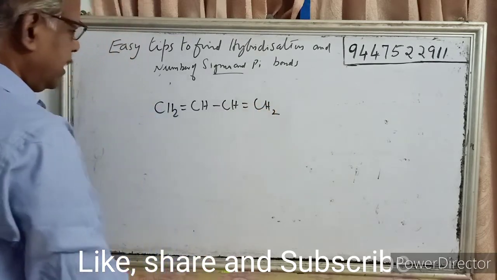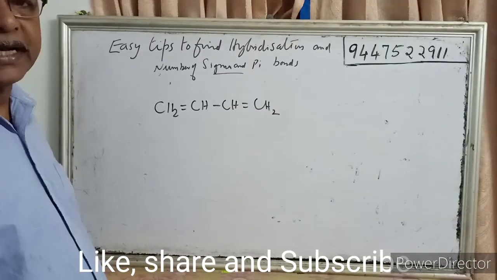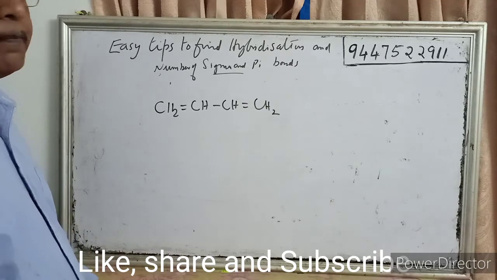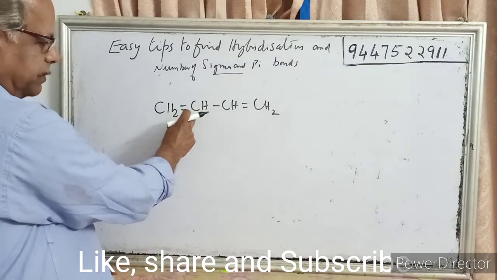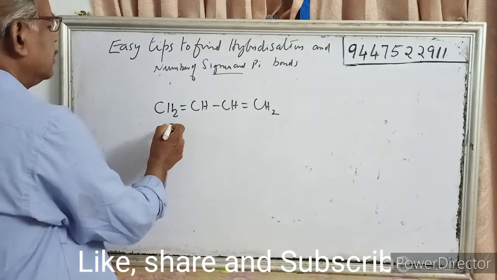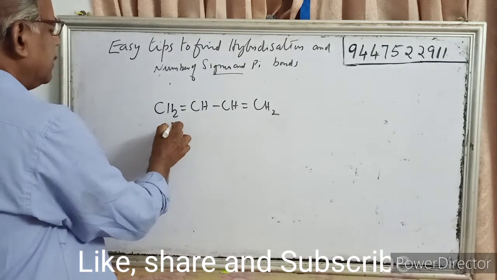You have to specify the hybridization and the number of sigma and pi bonds. Here there are 2 hydrogen atoms and 1 bond with the carbon atom. So the minimum requirement is 3, that is sp2 hybridization.